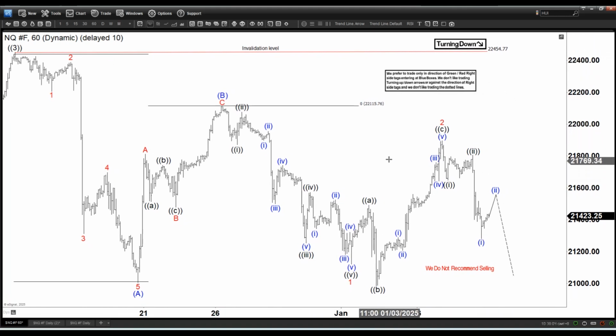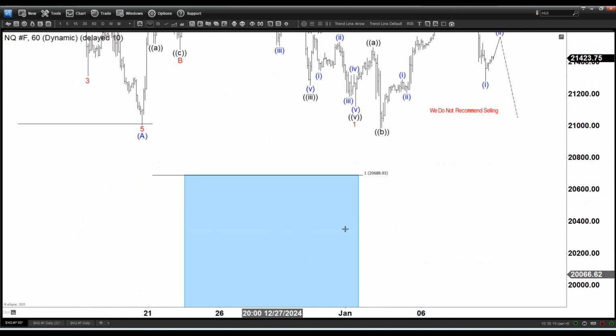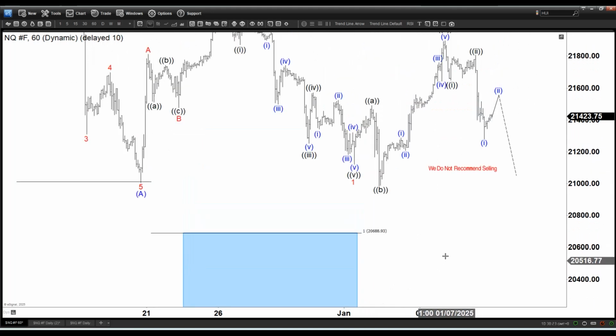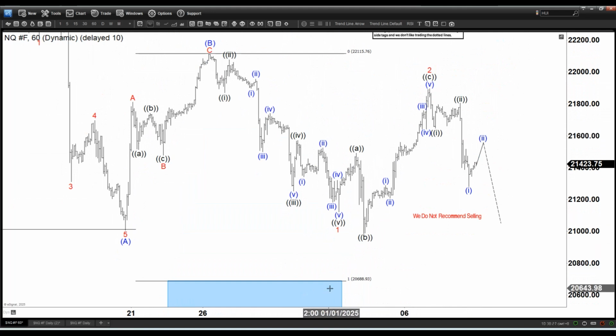Therefore, if there is any further downside, the idea is it should continue to find support in 3 swings at the extreme area. In this case, the extreme area is this ABC 100% here. So we should be able to find support if and when we reach this area, 2688 to 19807, and from here we could see at least a 3 wave rally, if not going to a new high.